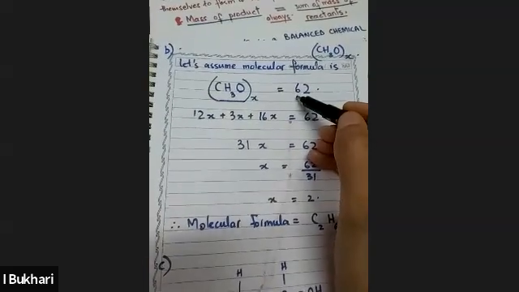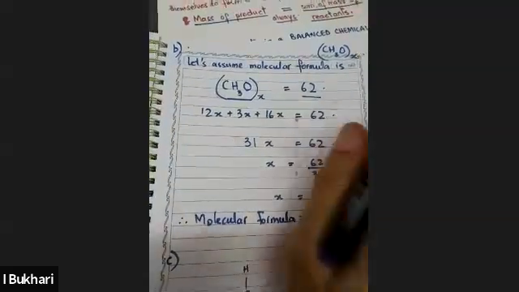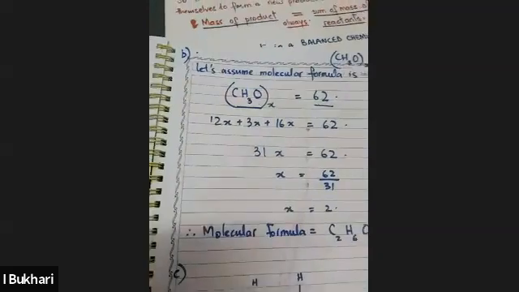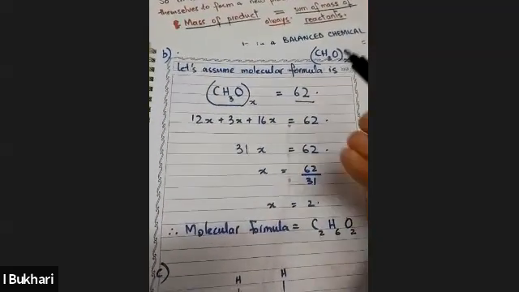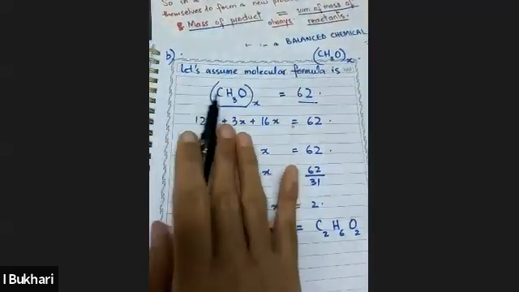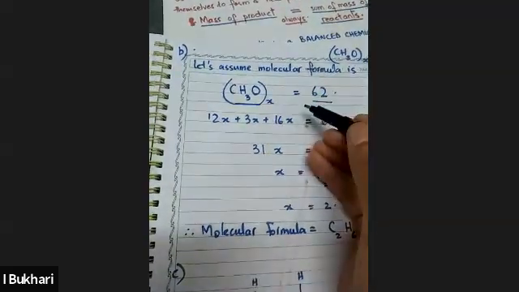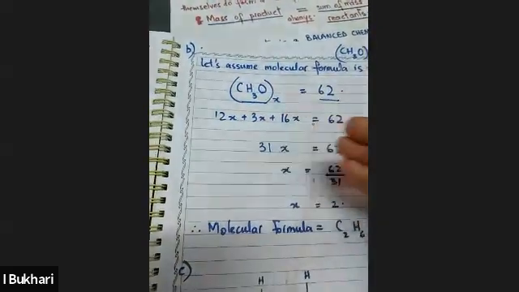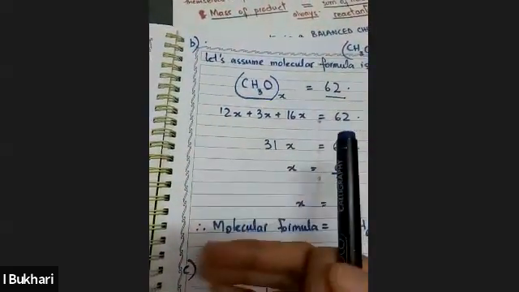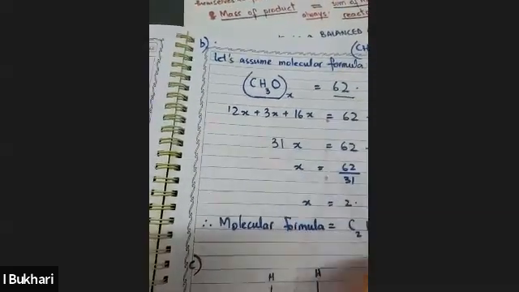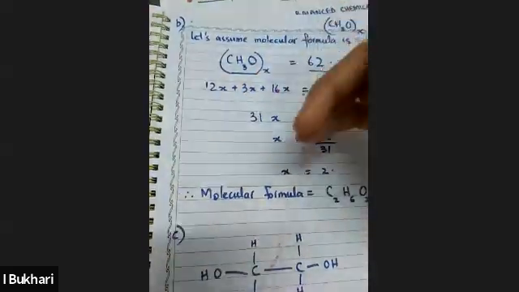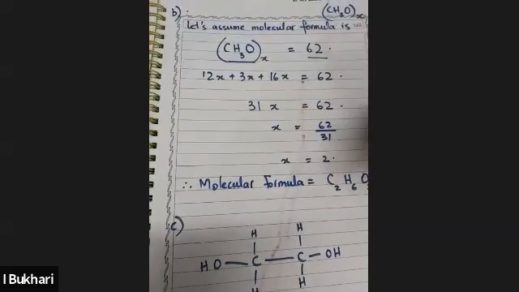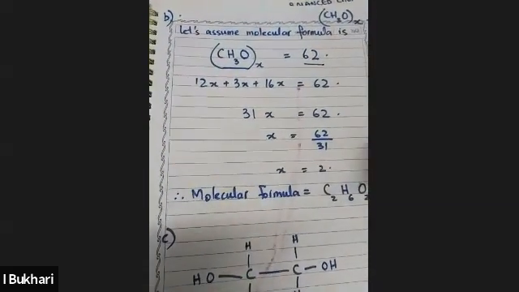Okay, so the molecular mass is this, right? Now, because I don't know the molecular formula, I assume this. The empirical formula is the simplest ratio of the atoms. So that means the molecular formula should be some multiple of the empirical formula.